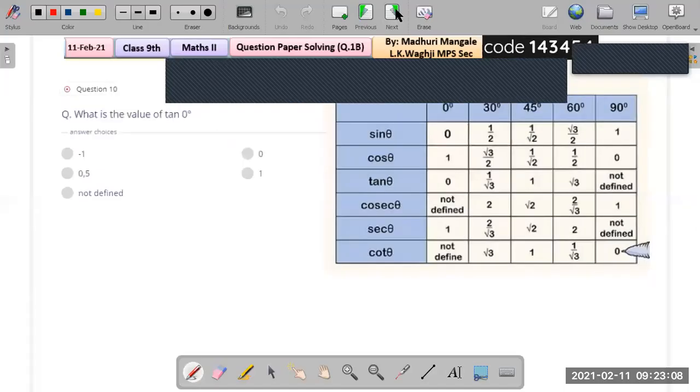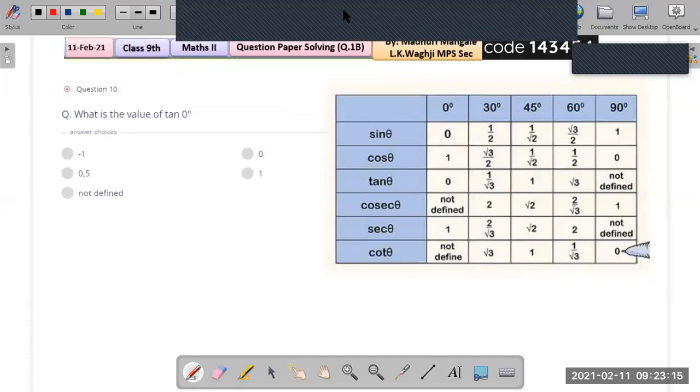Everyone on the Zoom screen, what is the value of tan 0? Such a nice, easy question. I'm going to add this question on the quiz. Quickly go ahead and try it out, students. You have the table in front of you.